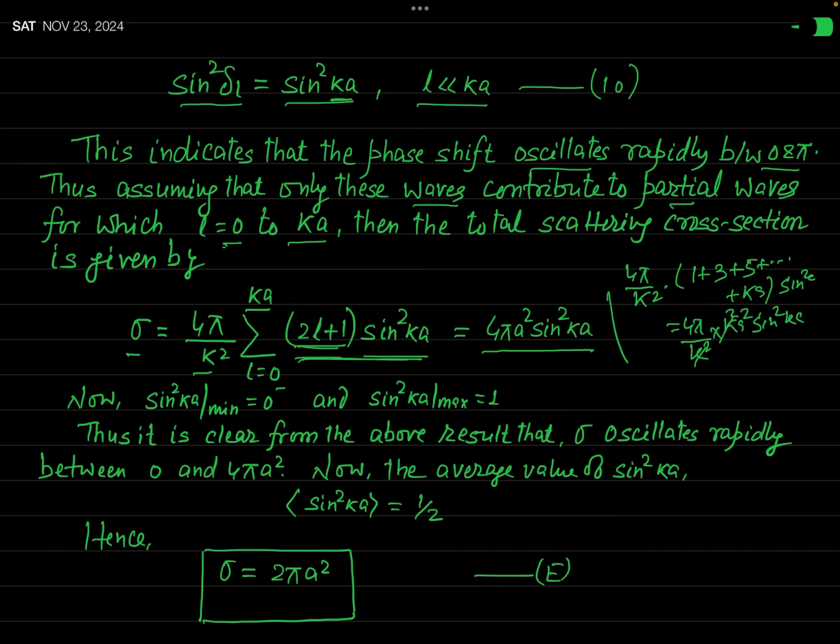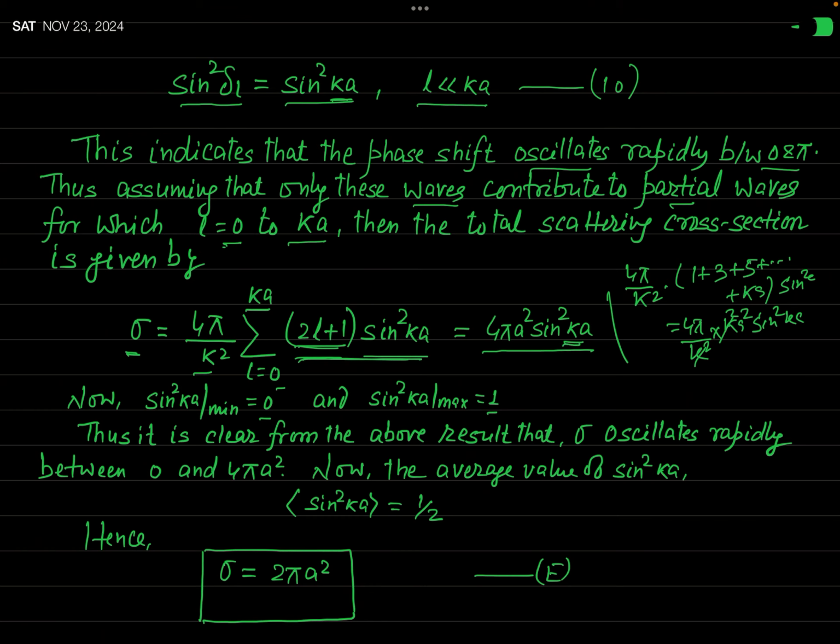As I've told you, this sine square Ka is an oscillatory function. It oscillates between 0 and 1 because the minimum value of sine square Ka will be 0 and its maximum value will be 1. So this cross section does not have a fixed value, but it oscillates between 0 and 4 pi A square.